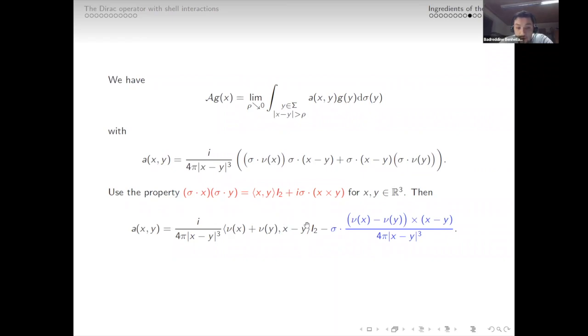So we will have a first term here, okay? And in this first term, what we have is exactly the kernel of the double layer minus the kernel of its adjoint. So in the sense of pseudo-differential operators, we know that the double layer and its adjoint are pseudo-differential operators of order -1, okay?